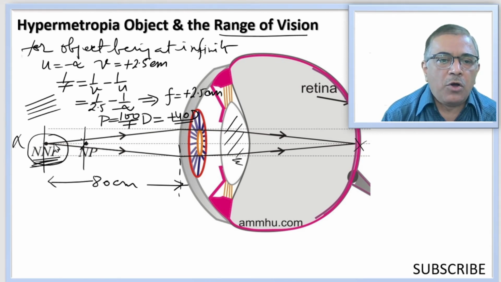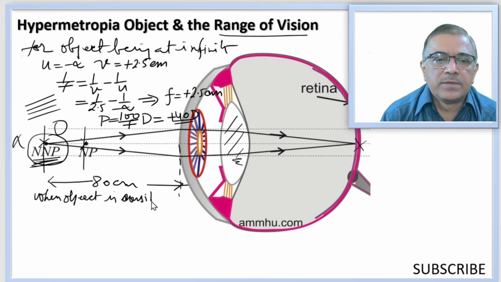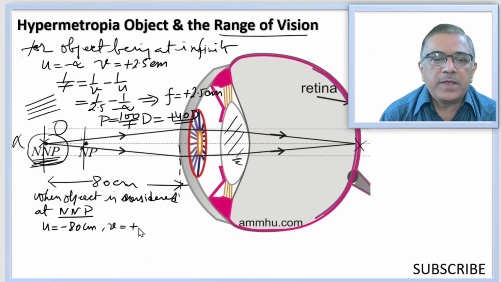And when the object is considered at the new near point, in this case u equals minus 80 centimeters, v is equal to plus 2.5 centimeter.